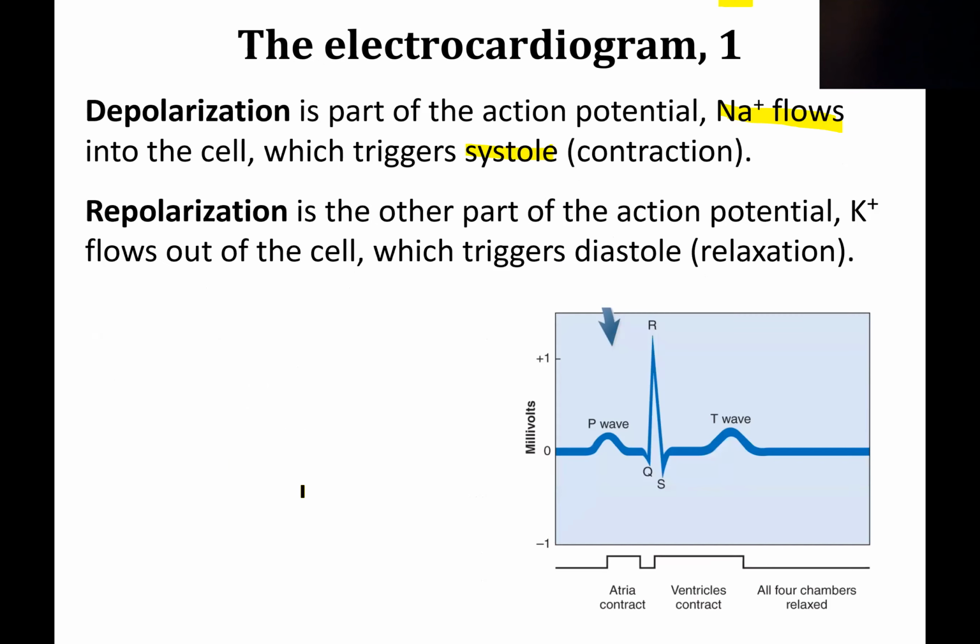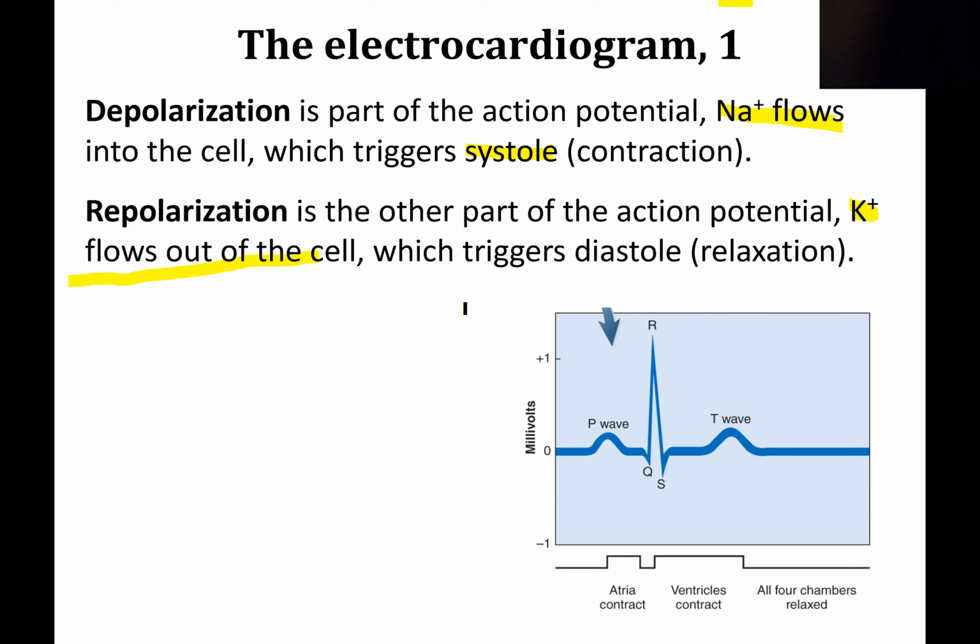Okay, so depolarization and repolarization, part of the action potential. Sodium flows into the cell, which triggers systole or contraction. Repolarization is the part of the action potential when potassium flows out of the cell.